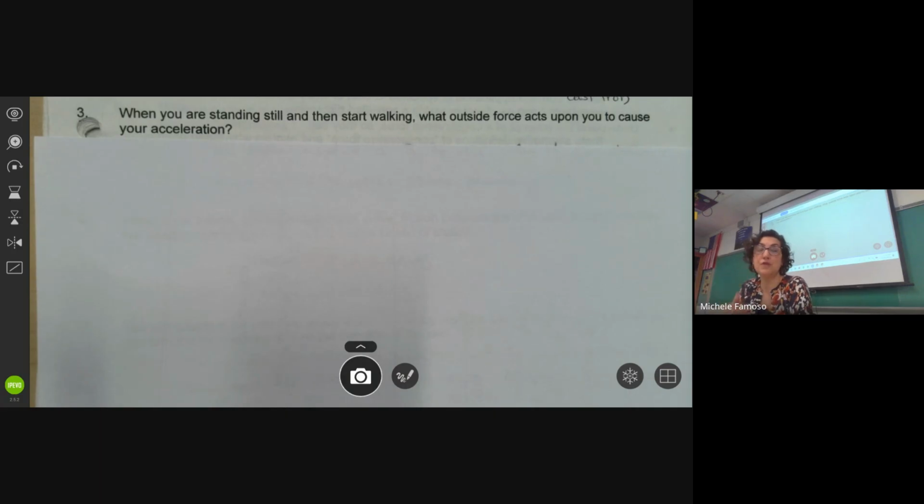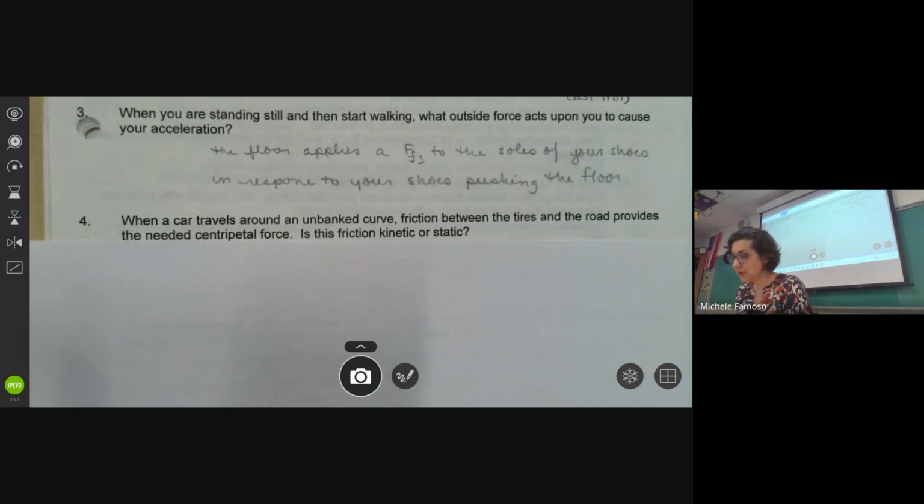The floor pushes you forward and up. It comes from the reaction to you pushing down on the floor. You push down and back on the floor, so the floor pushes up and you forward at the same time. And it needs to be static. It can't be kinetic, because if it's kinetic, are you going to move? No, what's going to happen?